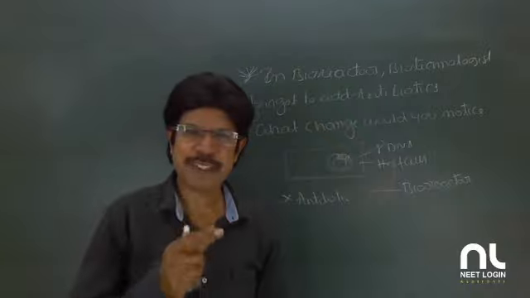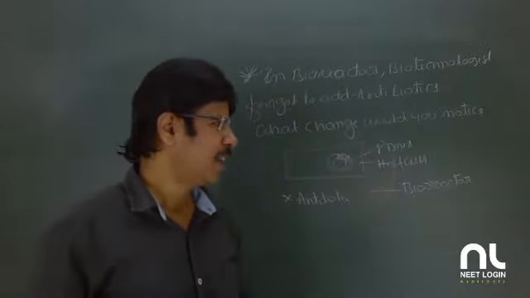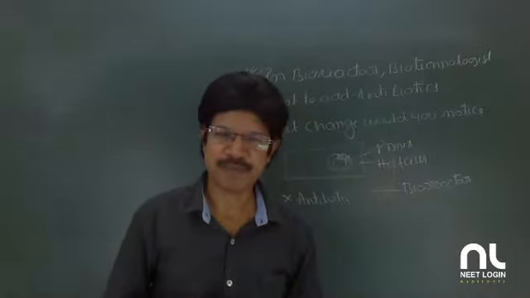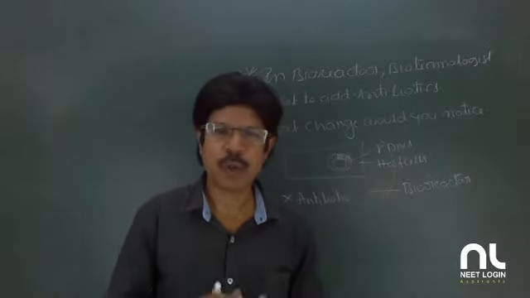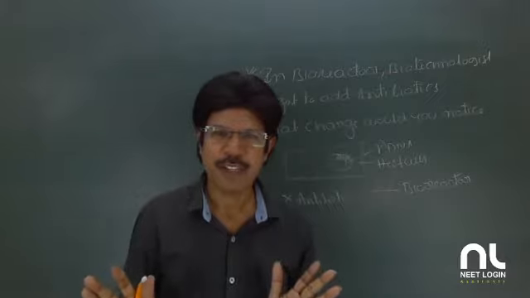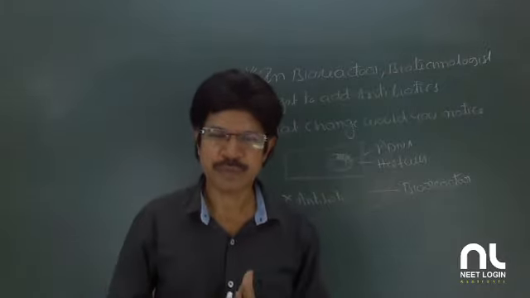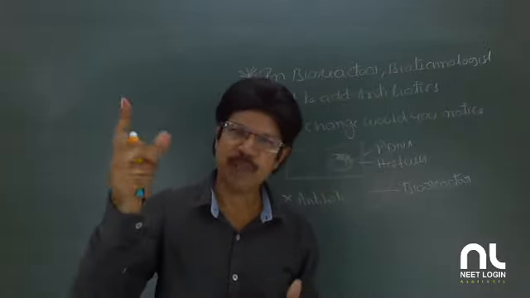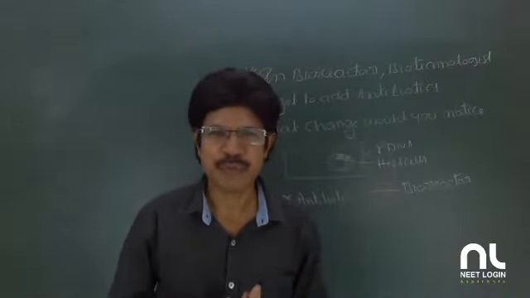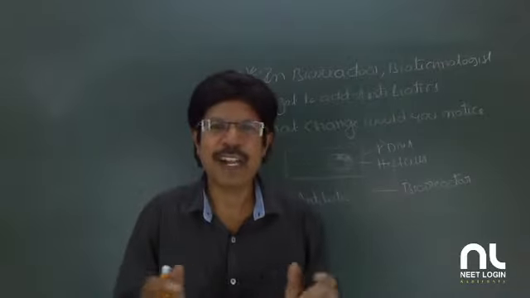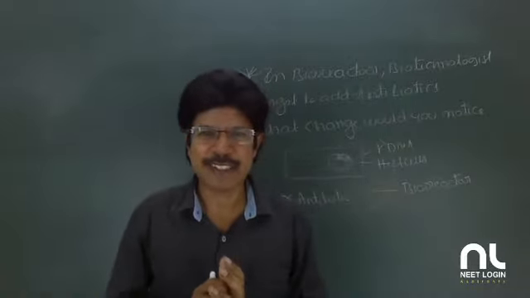So we can compare this antibiotic to a boss in a chamber. When the boss is present in the chamber, all the staff are going to be attentive. If the boss is out of the chamber, the staff is not going to be attentive. They're going to be relaxed. It is just like this.